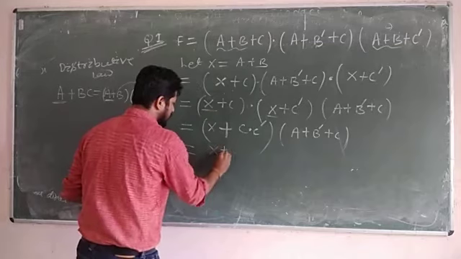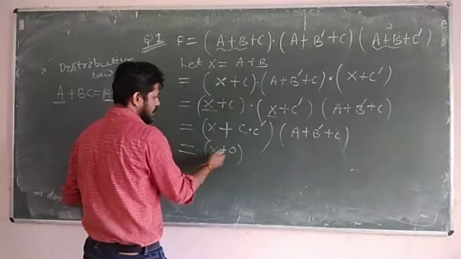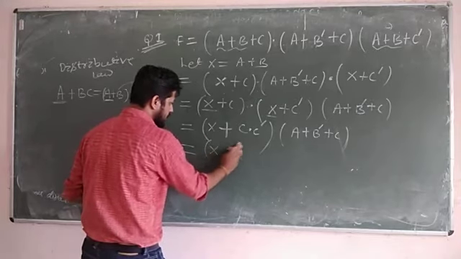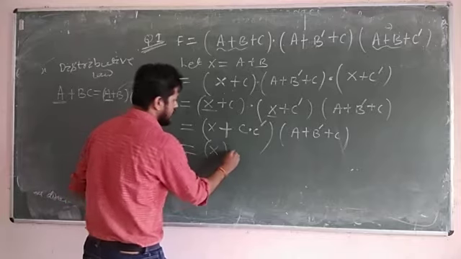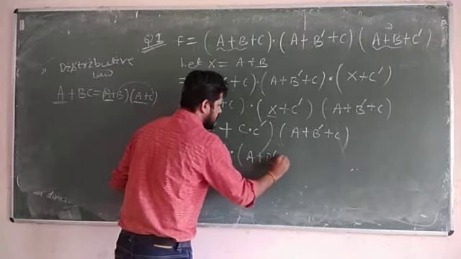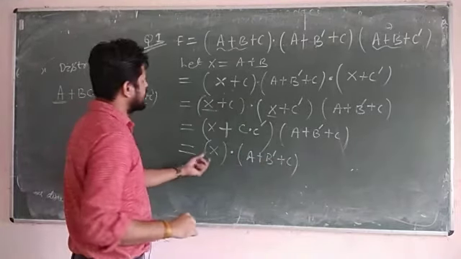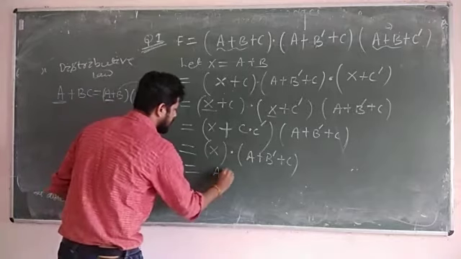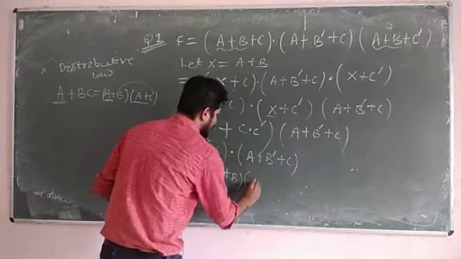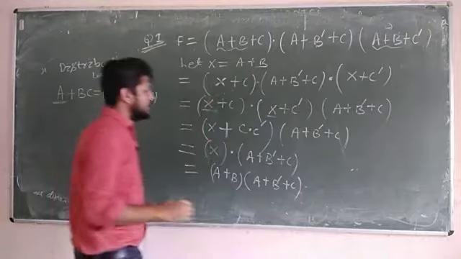So X or 0, and X ORed with 0 is always equal to X. So I am directly writing this step, that is X and (A or B complement C). This X is nothing but A or B, then you have (A or B complement C).